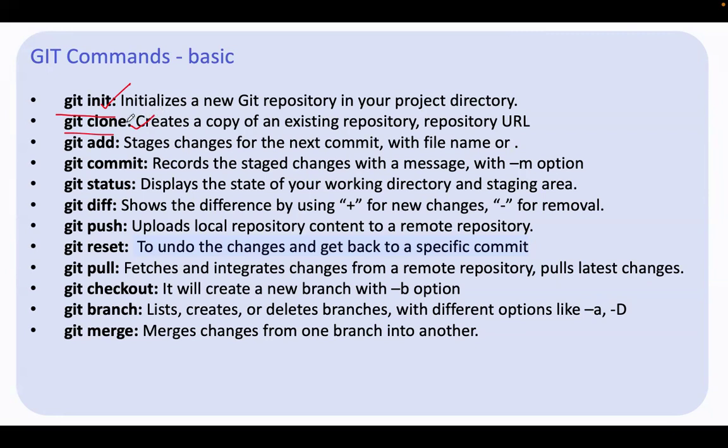This will download all the information to your local machine from the remote. So here we have something called local and something called remote, which you should always understand. Local means it is only in your local. Unless you push it, it is just local. Once you push it, it is available in remote.